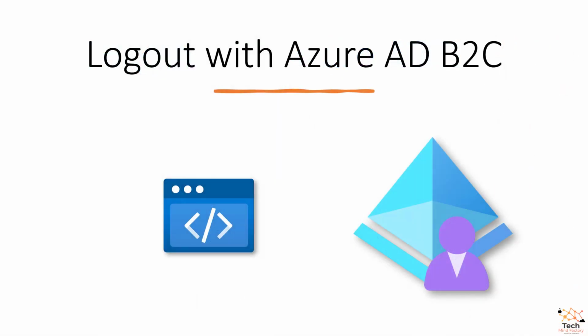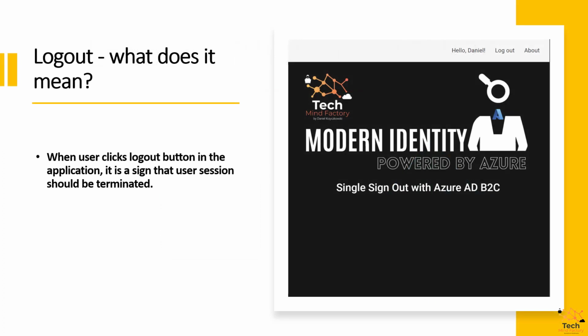As always, before we jump into technical demos, it's worth starting with some theory. Before we continue the discussion about single sign-out, let's talk about logout with Azure AD B2C. Logout, what does it mean? When a user clicks the logout button in the application, it is a sign that the user session should be terminated. It means that the user would like to log out from the application.